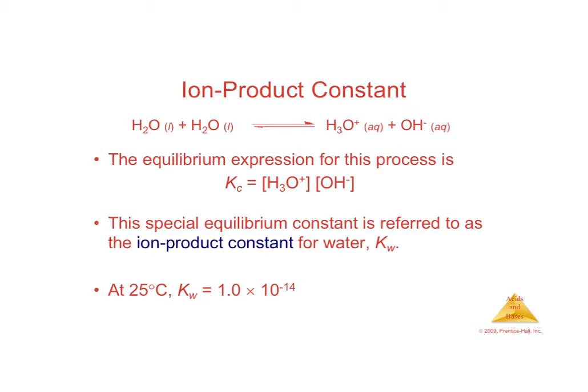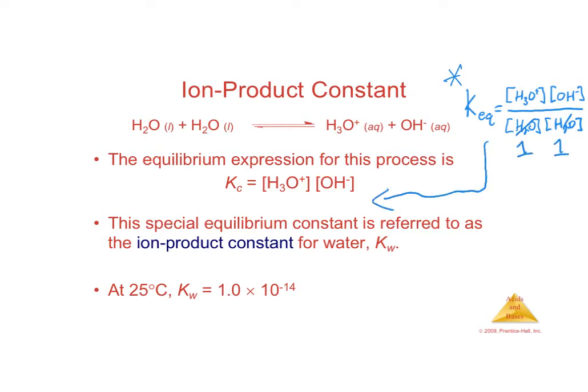Now we can write an equilibrium constant expression for this, set up just like any other, but realizing that water on the left-hand side as a reactant is a pure substance. These are just one, and that gives us the equilibrium expression for the autoionization of water: the equilibrium constant is equal to the concentration of hydronium times the concentration of hydroxide.